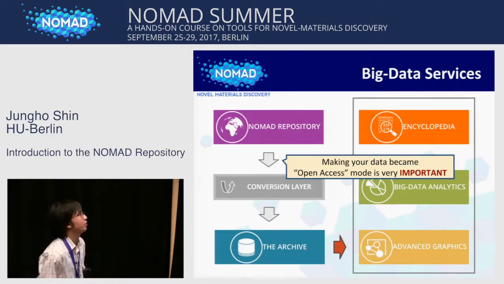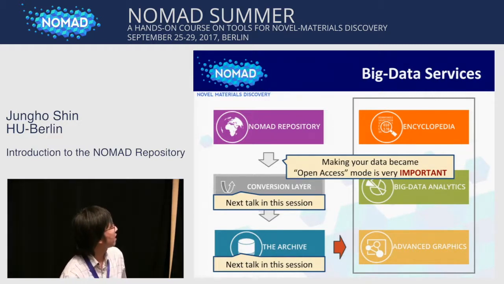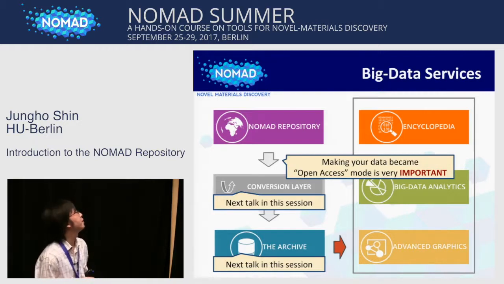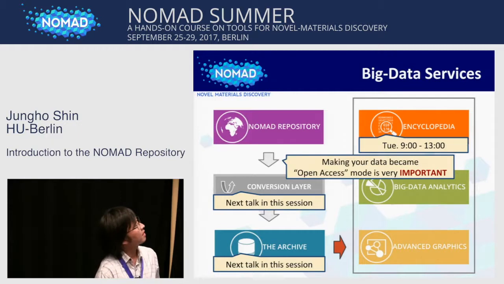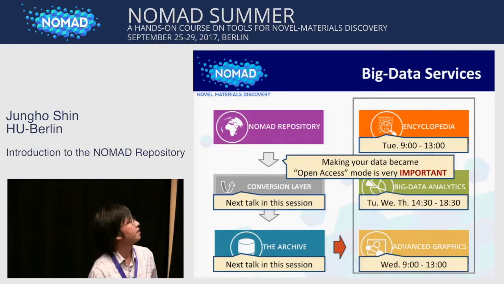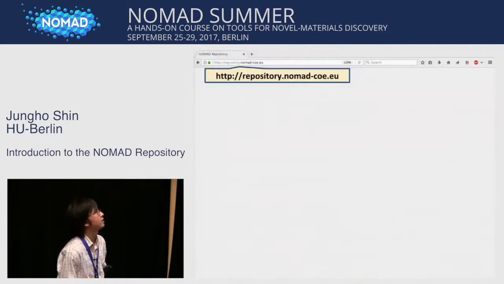The details about the conversion layer and the archive will be explained in the next talk. There is also another session for the encyclopedia and big data analytics, and also for advanced graphics.